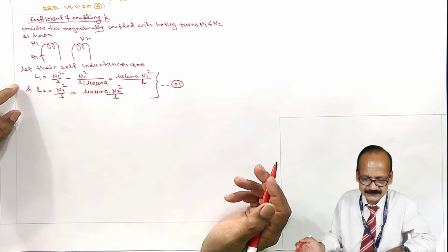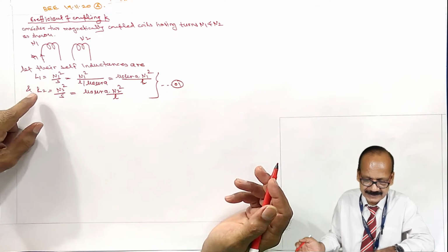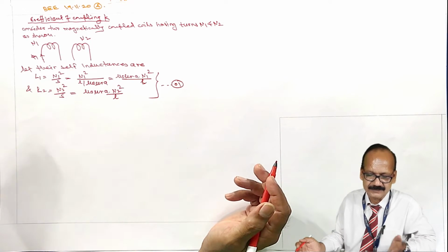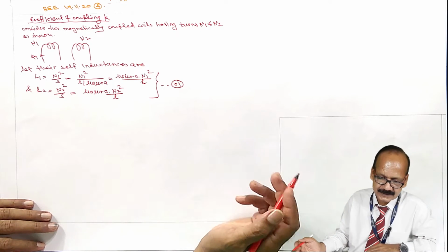So L1 equal to N1 square upon S, similarly L2 equal to N2 square upon S. These are the two self-inductances of the two considered coils.